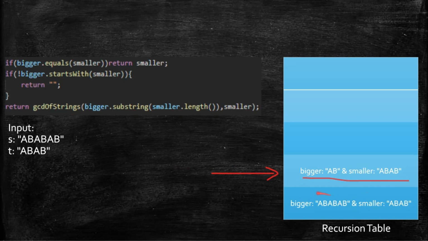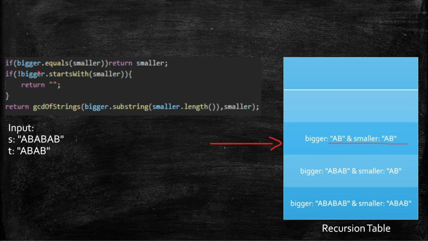Now the bigger and smaller are not in the right order by length, so a swap is needed. After swapping, my bigger becomes ABAB and my smaller becomes AB. Now I remove this AB from the bigger string and push into the stack. Now both of them are equal, so I return one of them, that is AB.